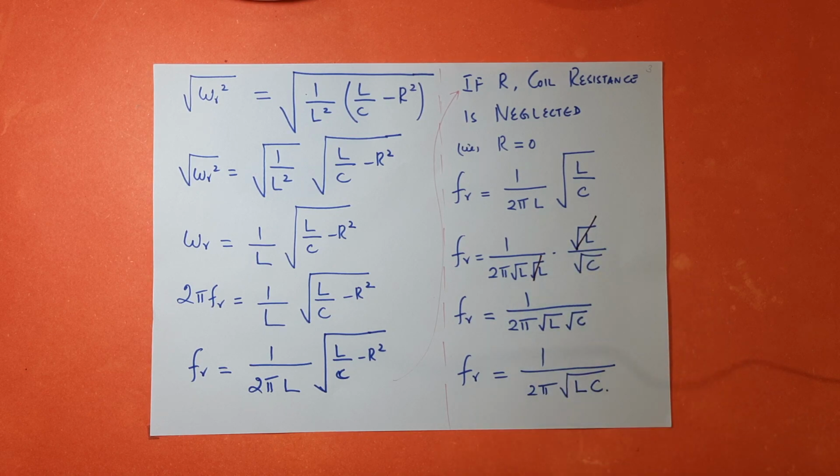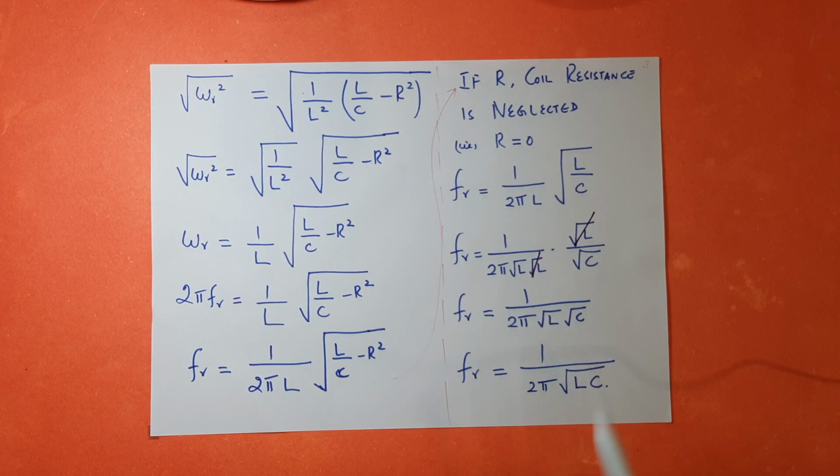So this L is getting cancelled. Fr equal to 1 by 2 pi square root of L into square root of C. So you can combine into a single square root. So resonance frequency Fr equal to 1 divided by 2 pi root LC.